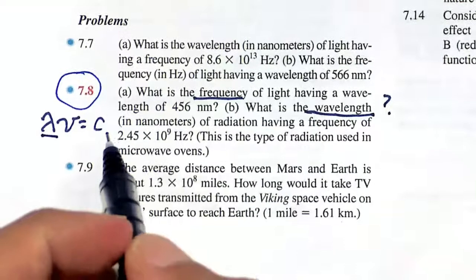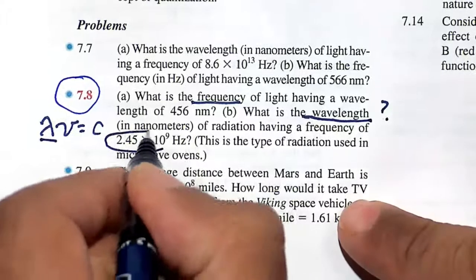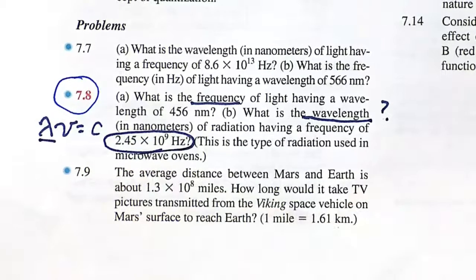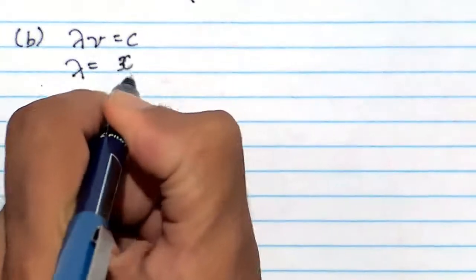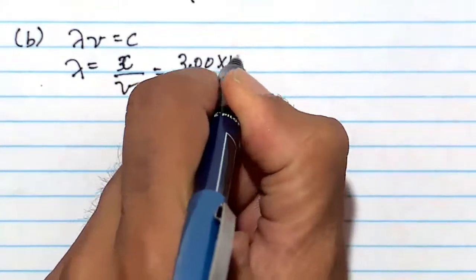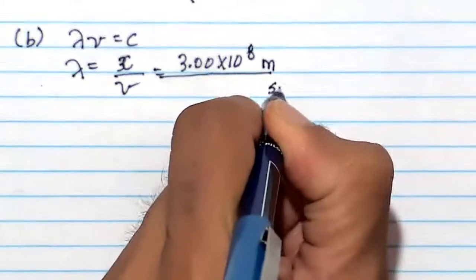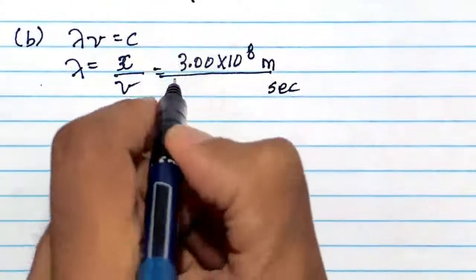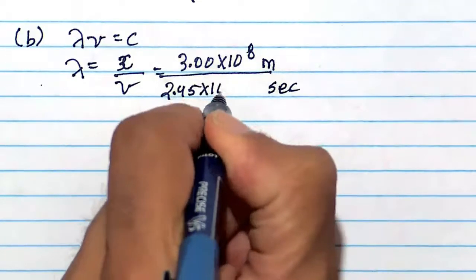For part B, the wavelength of microwave radiation is going to be the speed of light c divided by frequency. The frequency given to us in this problem is 2.45 times 10 to the 9th hertz. So here lambda is going to be c over v. c we know is the speed of light at 3 times 10 to the 8 meters per second, and this frequency v is going to be 2.45 times 10 to the 9th hertz.